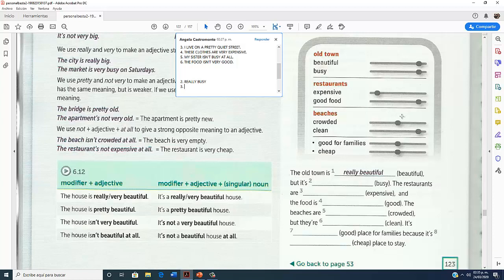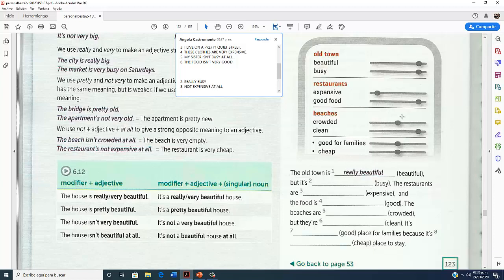Number 3, the restaurants are not expensive at all.